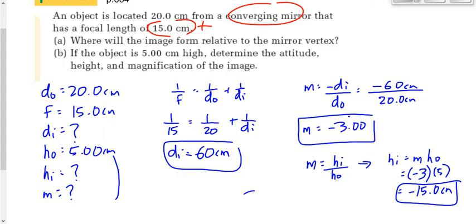What about the attitude of this? Right side up or upside down? We know that it's upside down, Matt. Why? Because what's negative? Because hi is negative. If hi is negative, then the image is inverted. Got it? Let's go back to our table.